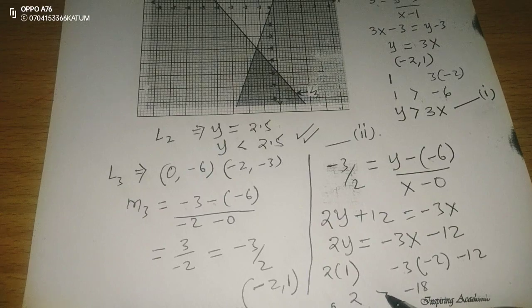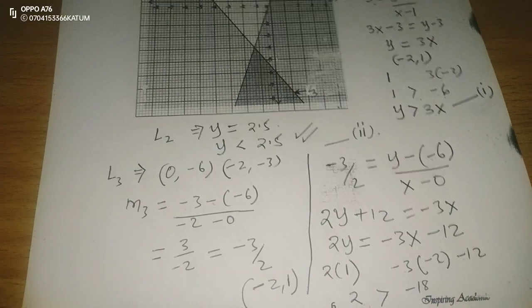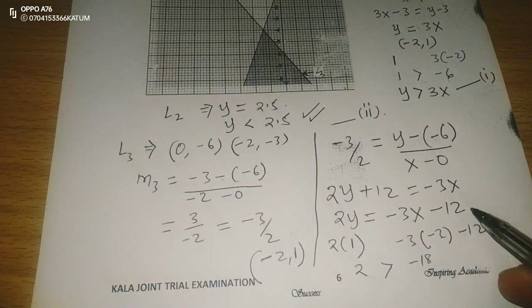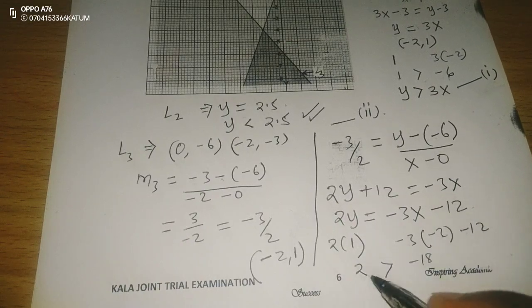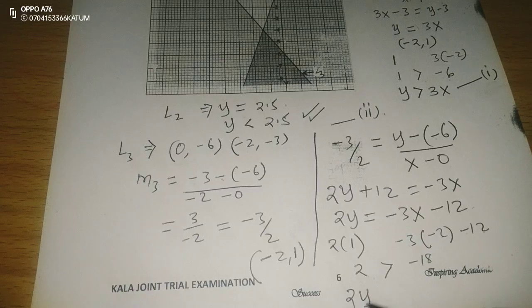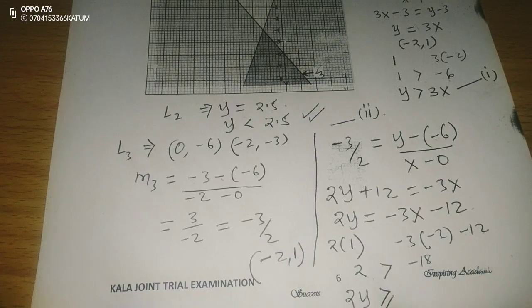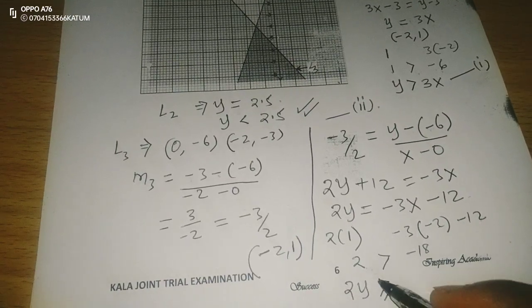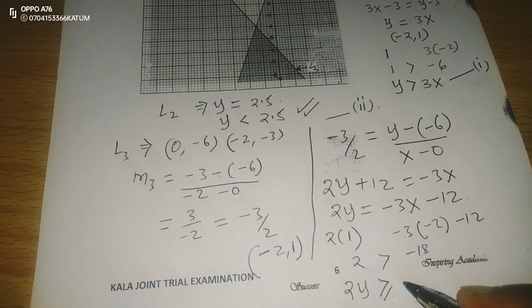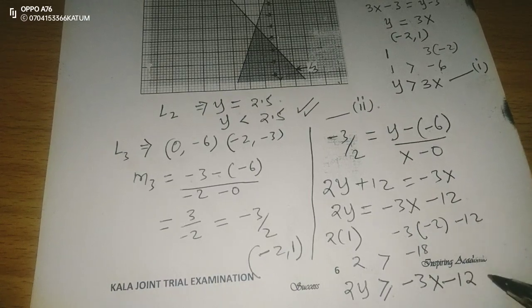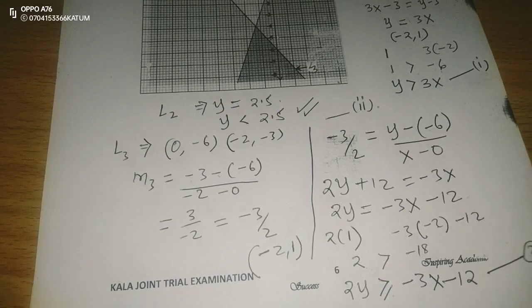And 2 is greater than negative 18. Then this borderline now becomes an inequality, and it will be 2y greater than, but now that the borderline is continuous, we will have it greater than or equal to negative 3x minus 12. This is the third borderline.